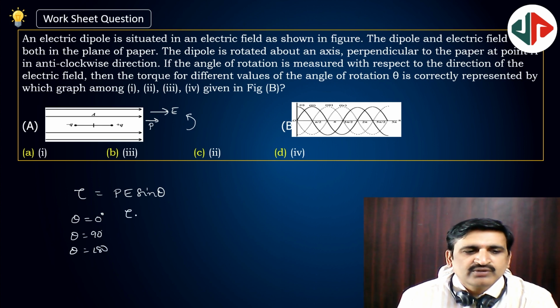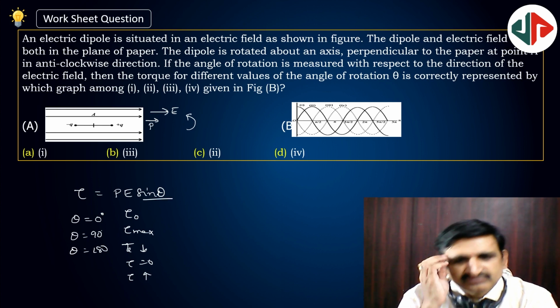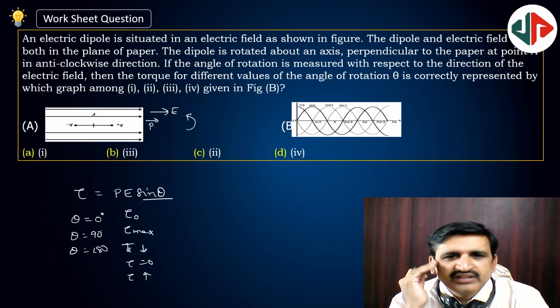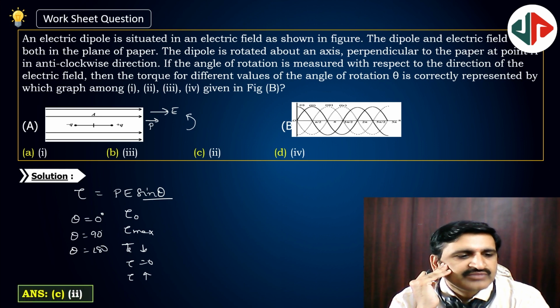So tau value 0, tau value max, then at 180 it decreases, and tau value again 0, and then tau value increases. So like that, a sine function will come. It should be the second graph then, starting from 0 onwards, right? Second graph means C, correct.